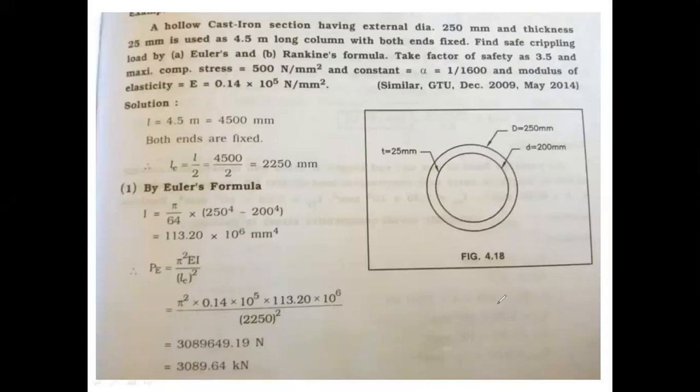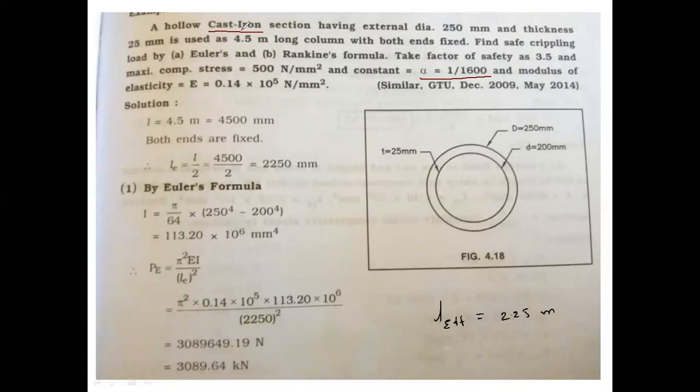Okay, guys, sorry. I think the effective length came to 2.25. Right. So here in the problem, it was clearly given that the Rankine constant is 1/1600. As it is 1/1600, what type of material is it?